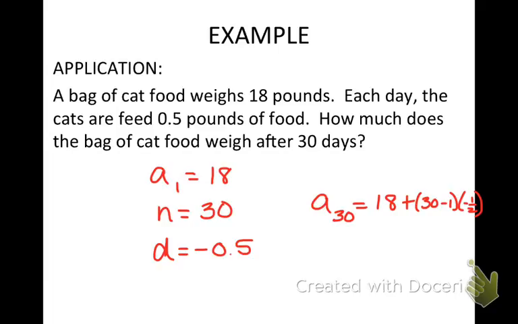What is 29 times negative 0.5? You should be getting 3.5 pounds.